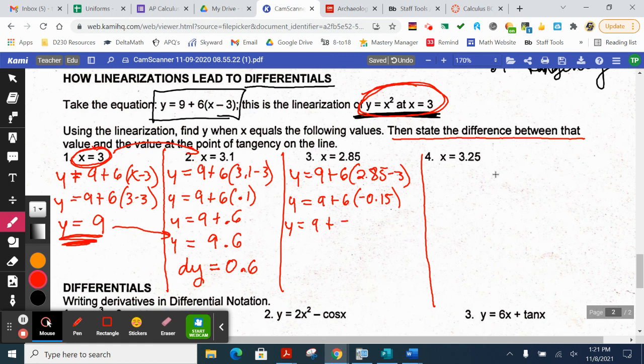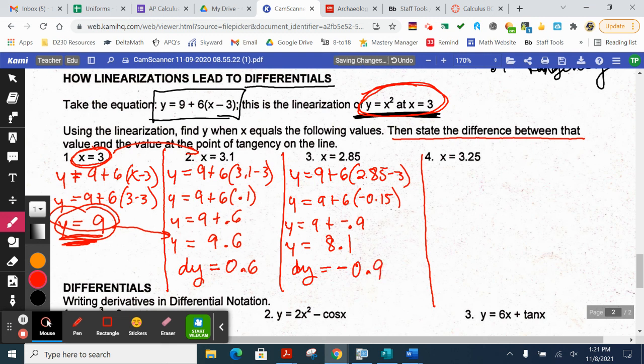And then negative 0.9. We multiply those together. Our new y value then is 8.1. So now, if I was at 3, I move left a little bit to 2.85. Now my y value, what did my y value do? Yeah, decrease. So we're going to say the dy is a negative, and then it went from 9, where we started, to 8.1. So we decrease by 0.9.